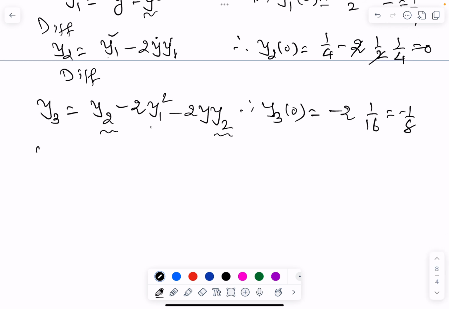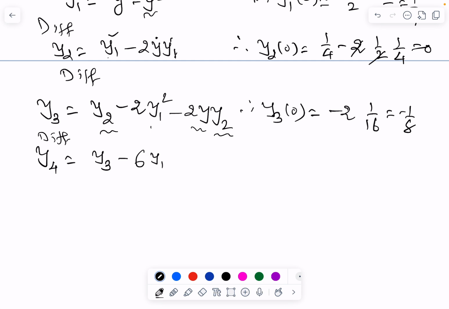Now it is easy. You can find y4 also, derivative, and that is y3 minus 2 and 2 here, 4 y1 y2. And here also you have derivative 2 y1 y2. So 4 and 2, so that is minus 6 y1 y2 minus 2 y y3.